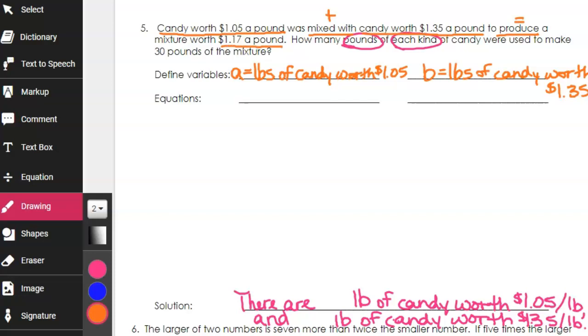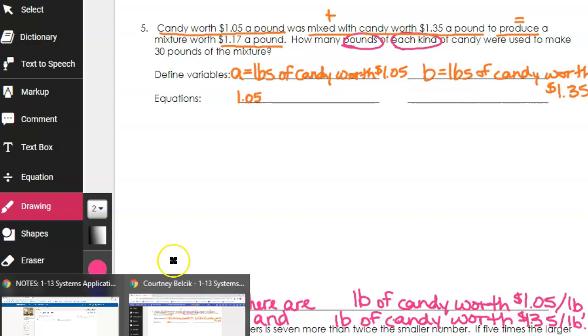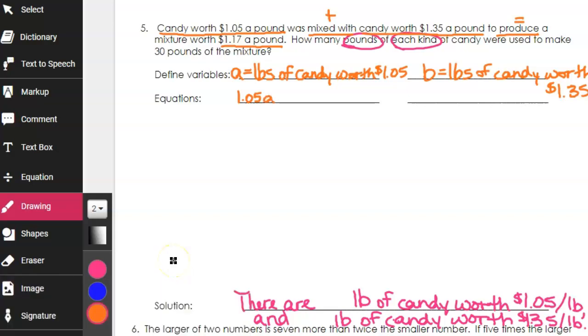So we have $1.05 times that amount of pounds of candy plus $1.35 times that amount of pounds of candy. And that's got to equal $1.17 times the total amount of pounds of candy.